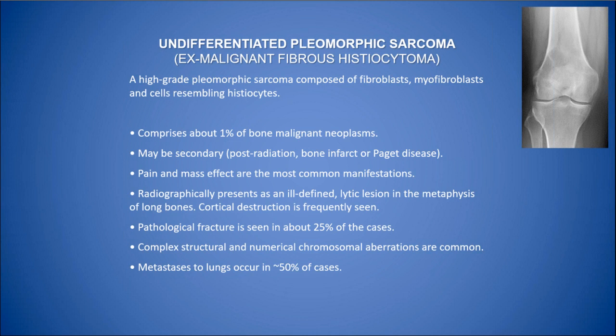It is better to call them by another name because they basically have no specific line of differentiation. Now the preferred term is UPS, undifferentiated pleomorphic sarcoma. The cells are usually very anaplastic looking. They vary from spindle to epithelioid, and many times multinucleated and gigantic.